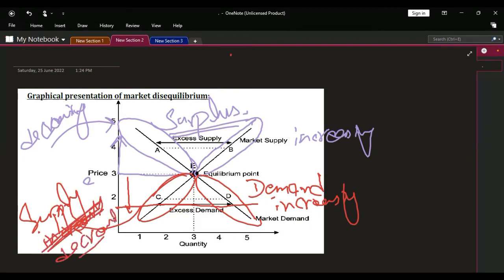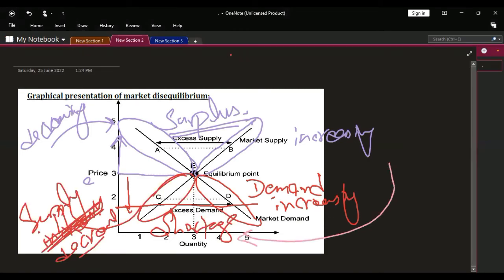So, such a market situation in which demand is increasing and supply is decreasing will create a shortage in the market, where people are trying to buy the good at a specific price, but the relevant supply of the product is not available in the market, creating an artificial shortage condition.